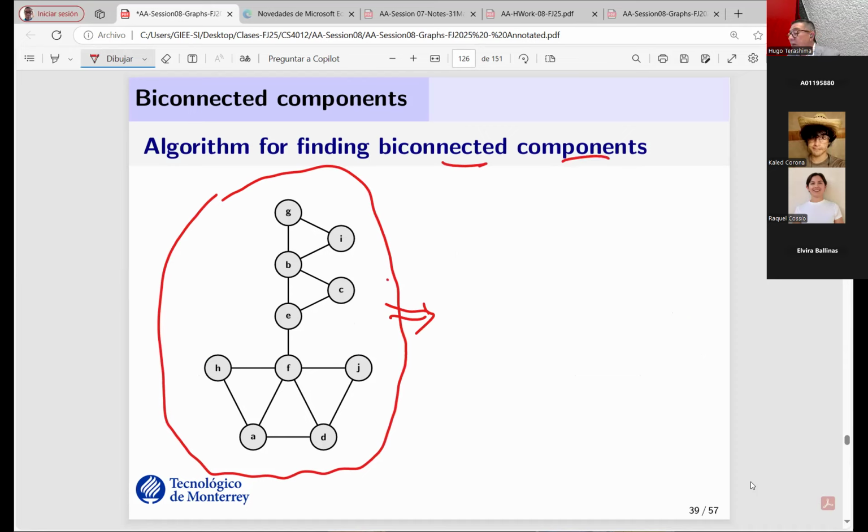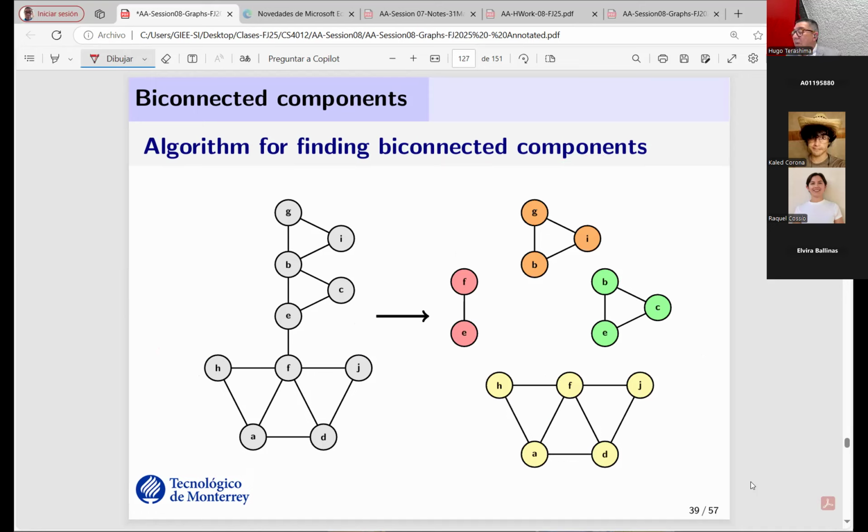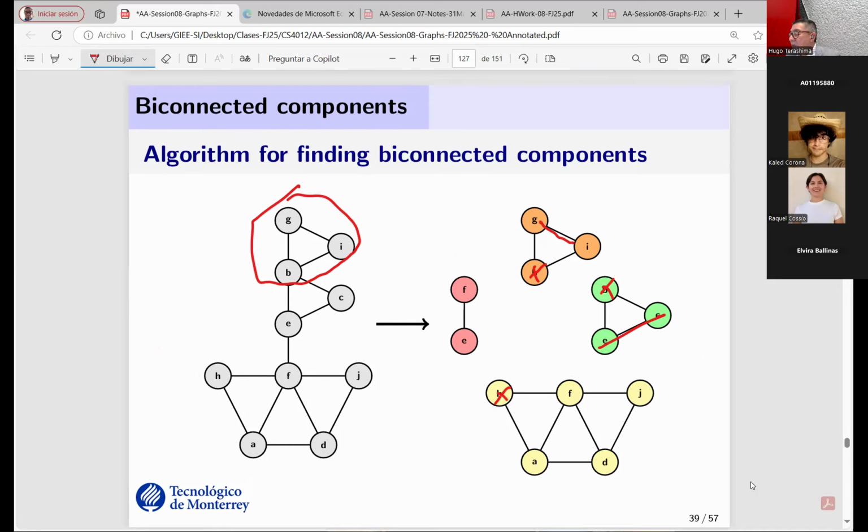So what you're going to get at the end is this, because if you eliminate this, you still can fly from this to that, right? If you eliminate this, you can fly from this to there, right? If you eliminate this, you can fly from this to here, to here, to here, etc., right?